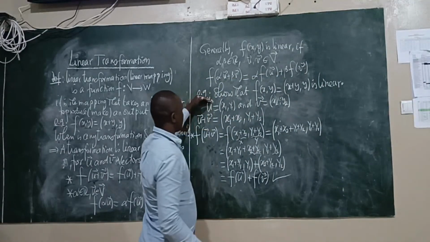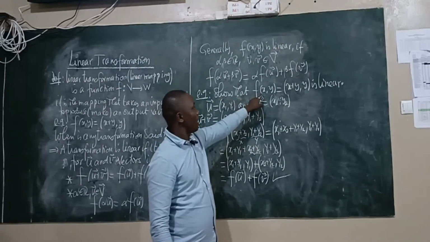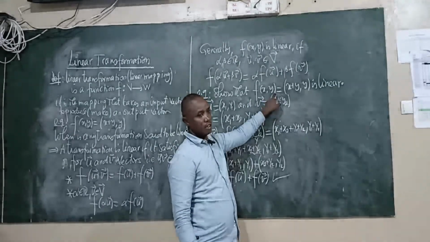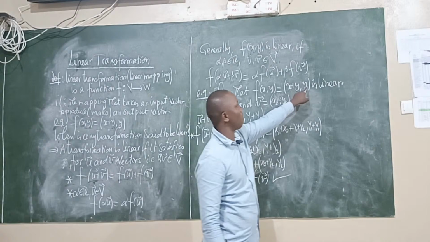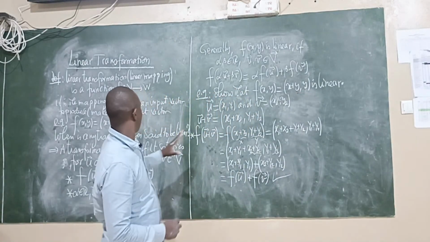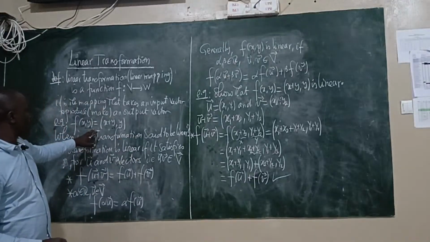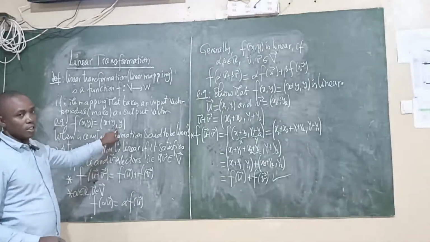Now, let's continue. I have an example: show that f of x, y, which is x plus y, comma y, is linear. We need to show that the example we have been given here is linear.